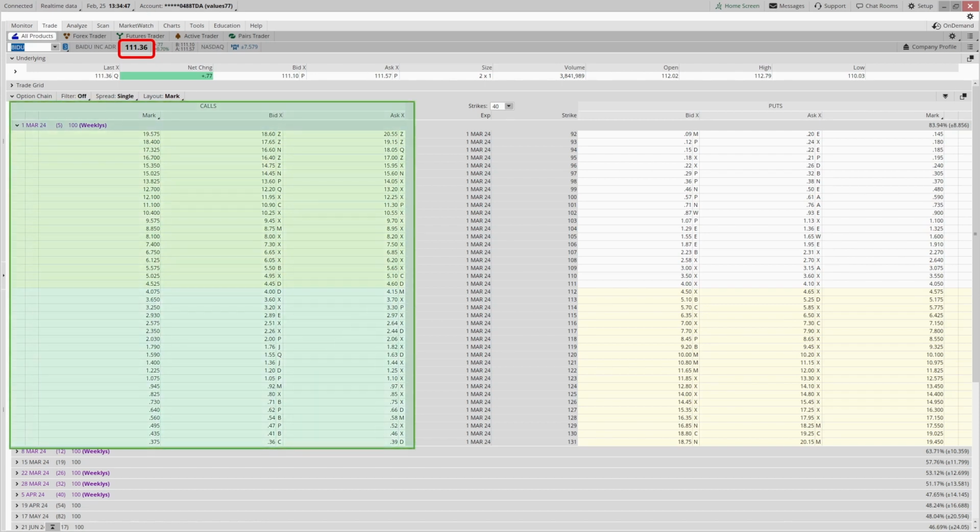If we look at the call section, let's say that we saw this strike 112. When you look at 112, which is this area, this 112 has not been passed because the share price is at $111. So it hasn't been at 112 and it hasn't gone past it.